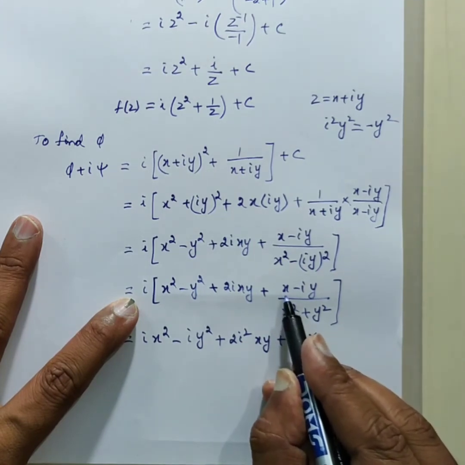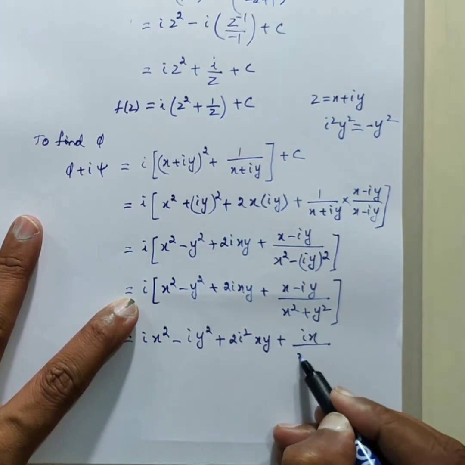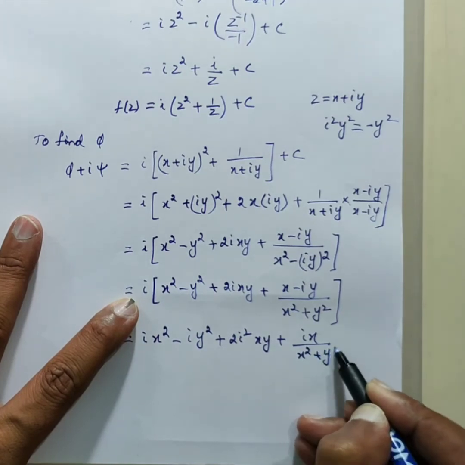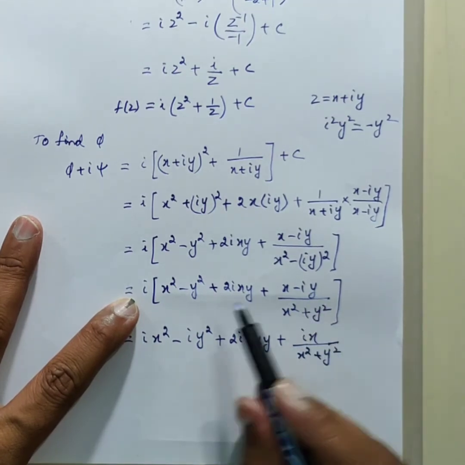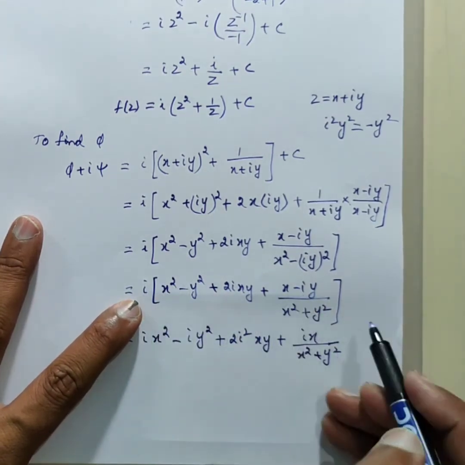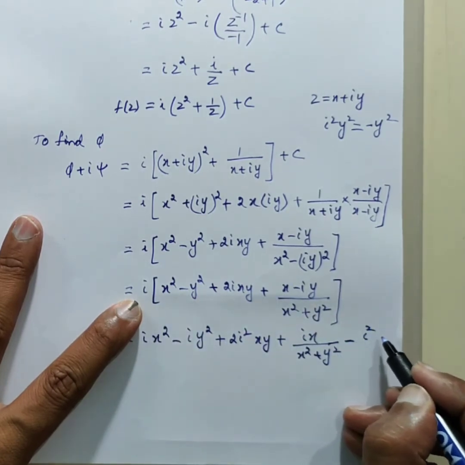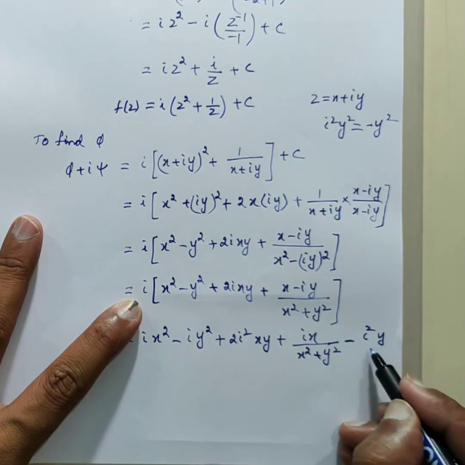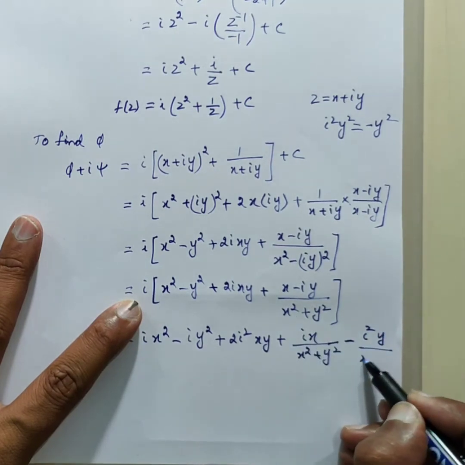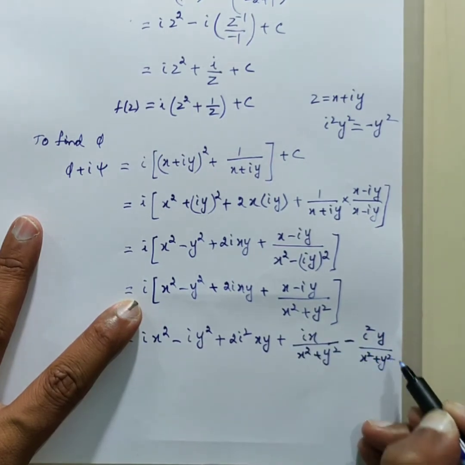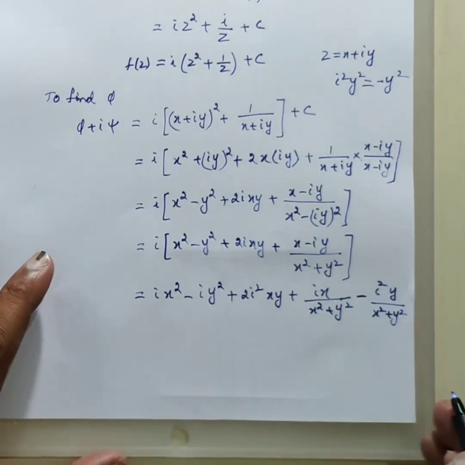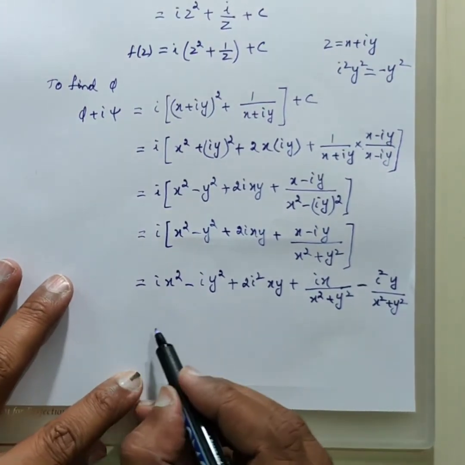I'll try to divide this x separately as x square plus y square. So iy is left out, you can multiply that one. So minus i into i will be i square y divided by x square plus y square. Further let us try to simplify this one.